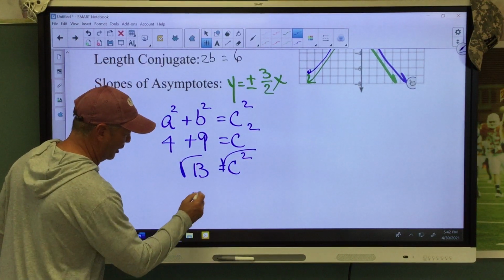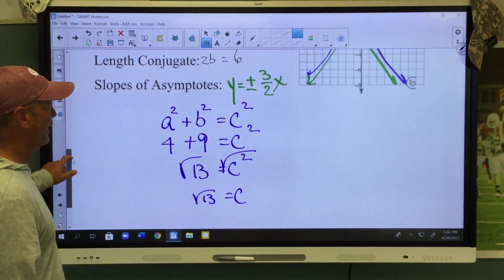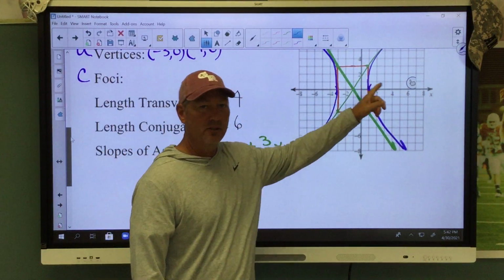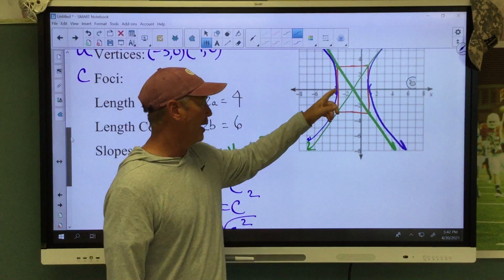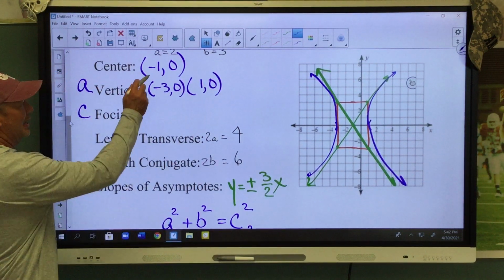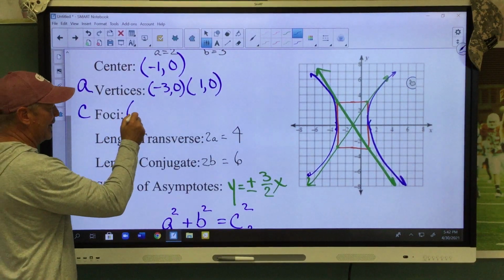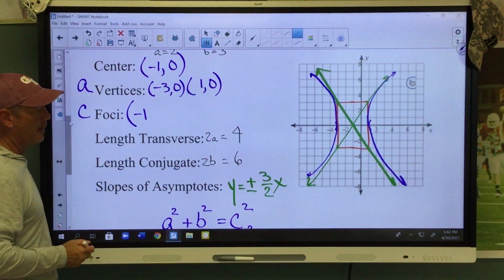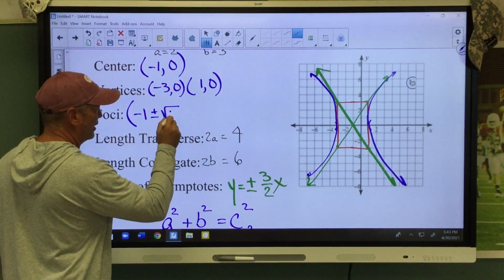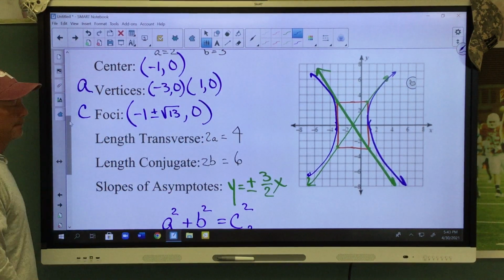And you're going to tell me the square root of 13 equals c. All right? But we're going left and right to plot our foci. So since we're going left and right, we have to make an adjustment to the x value of our center. So you're going to say -1 plus or minus the square root of 13, comma 0. There's the location of your foci.